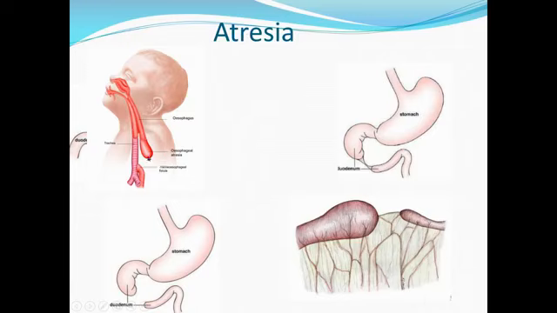The feeding tube does not pass further through the distal portion. Then you can easily diagnose that it is esophageal atresia.